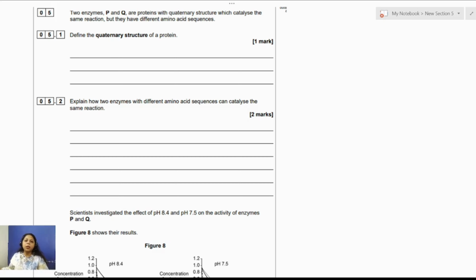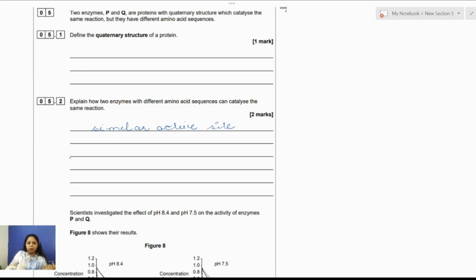So explain how the enzymes with different amino acid sequences can catalyze the same reaction. It can happen that a single substrate can be attached to many, so they have a similar active site shape.